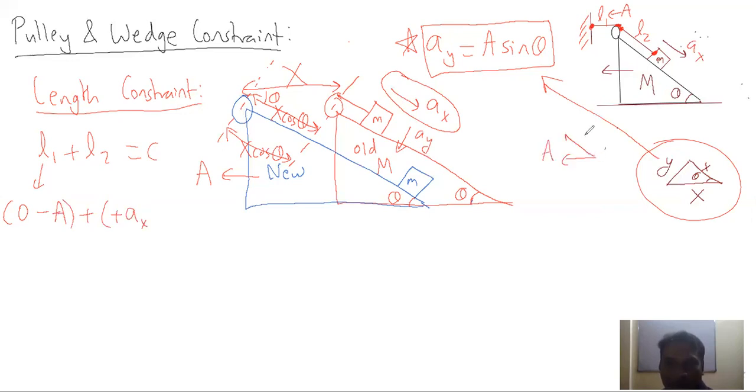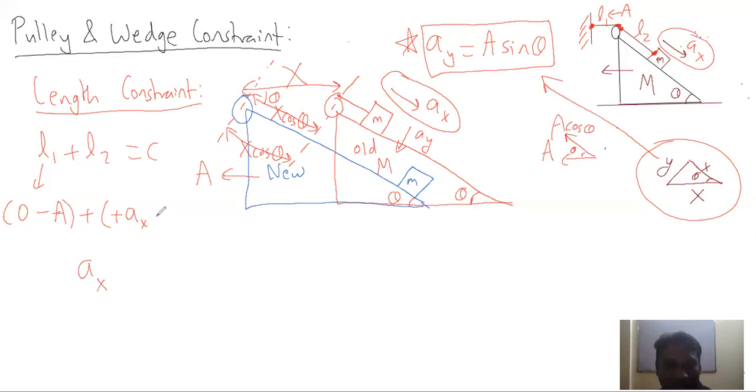So the component of capital A along this direction will be what? It will be A cos theta, and this component A cos theta is in this direction. So let us consider for L2. These are the 2 points. One point clearly leads to increase in length of L2. So plus AX. Now we want to find the value of AX in this case.